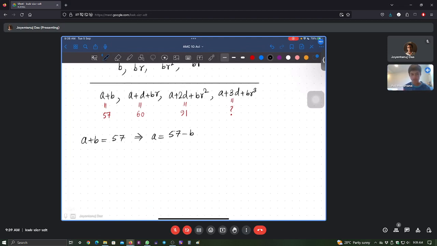Then you can take the 60 and 91 and say d plus br plus 31 is equal to a plus 2d plus br squared.